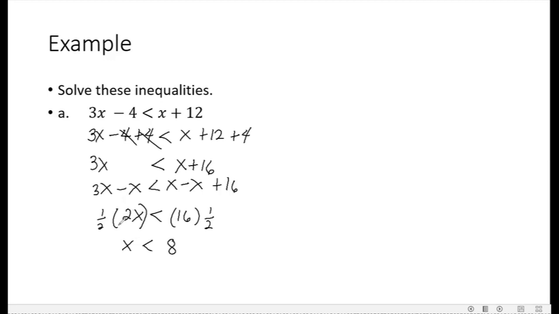Since the value of our coefficient is more than 0, our inequality symbol will not change. Therefore, our solution set is x such that x is an element of real numbers which is less than 8. And that's it.